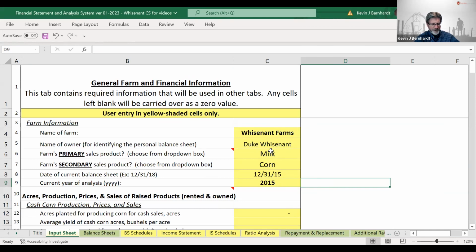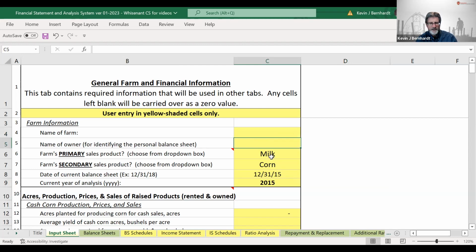So for example, I'll just retype this so you can see it. The case study that we're going to use throughout these videos is the Whisenant case study. If that wasn't there originally, I'll take a couple of these out just so that we can put them back in. I put my cursor over there and I type Whisenant for Whisenant Farms.